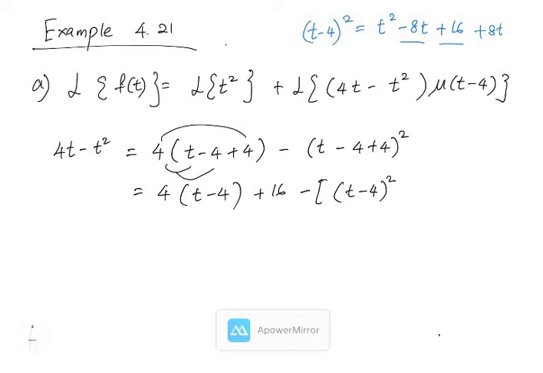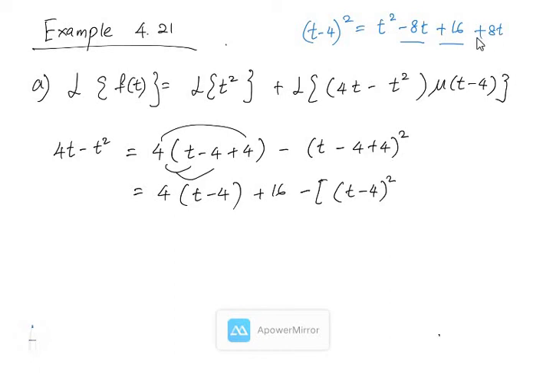And then if you look at the original question here, if you multiply, we have 4 times 4, you have 16. So we already have the 16 here. We already have the 16, and here also have 16. 16 plus 16 is 32.